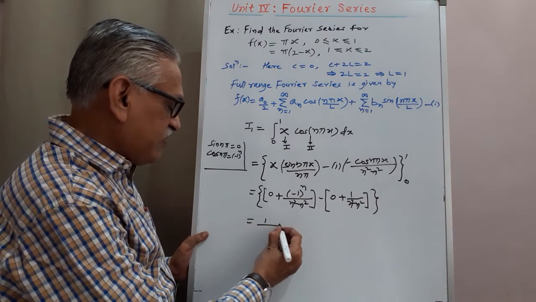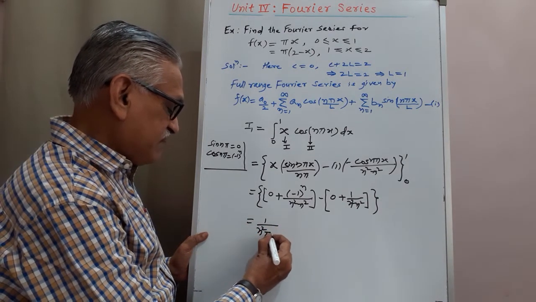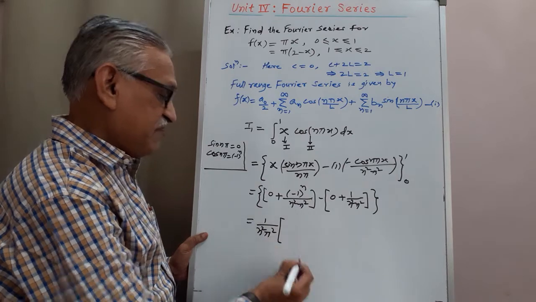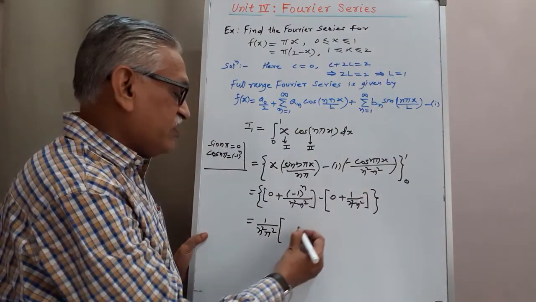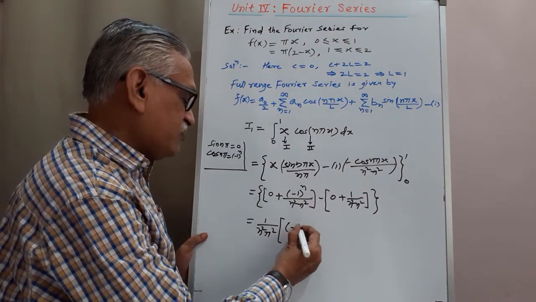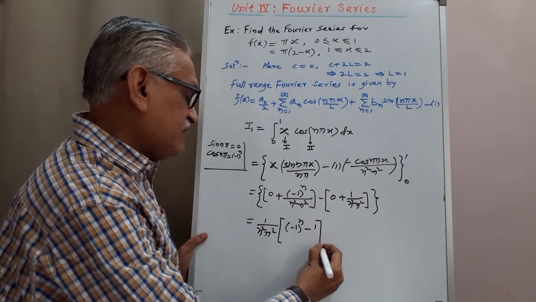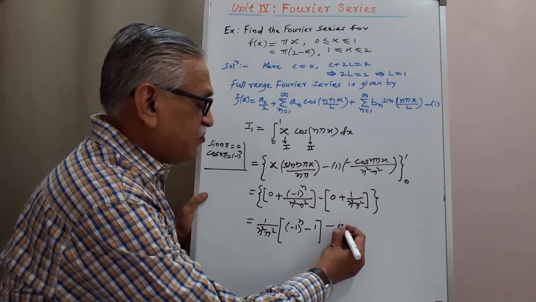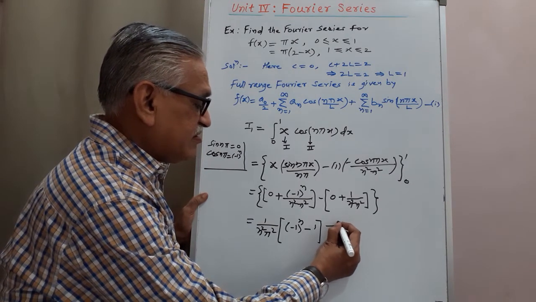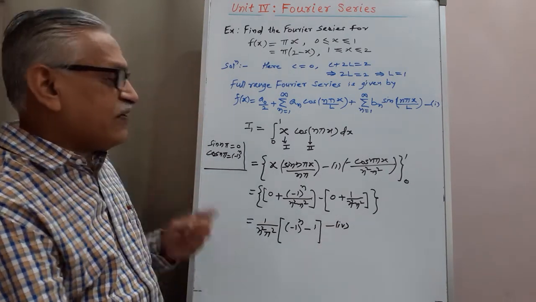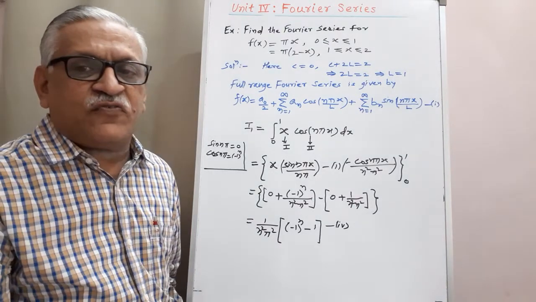We take 1 by n square pi square common. Remaining terms are minus 1 raised to n and minus 1. This is the value of I1.